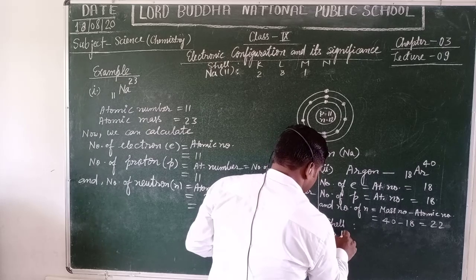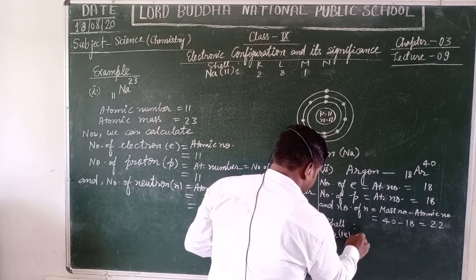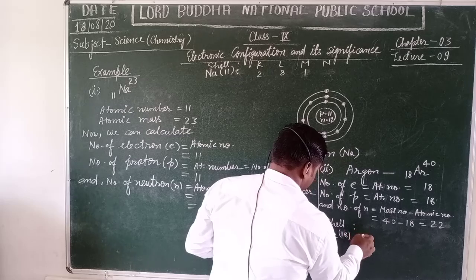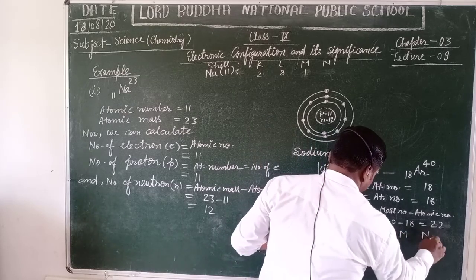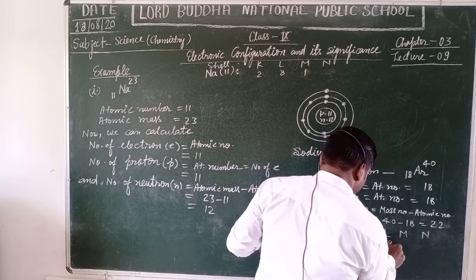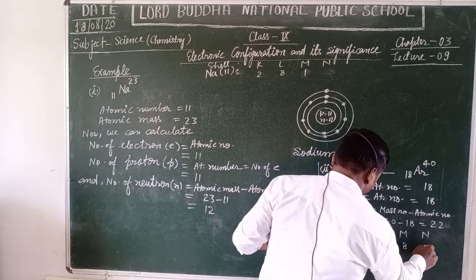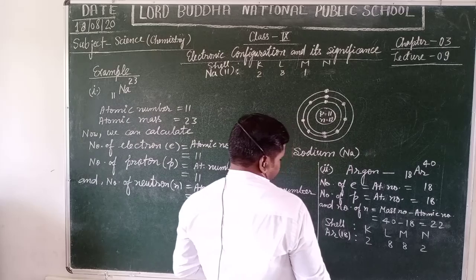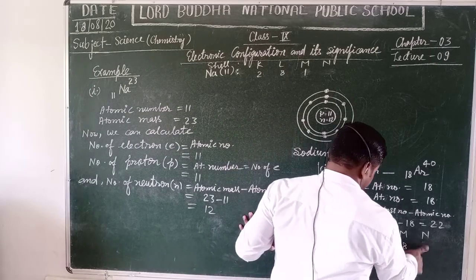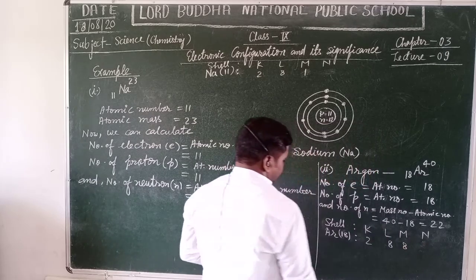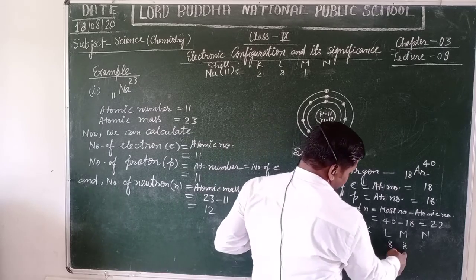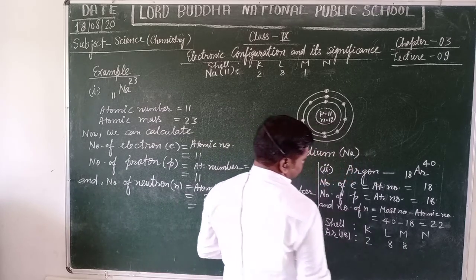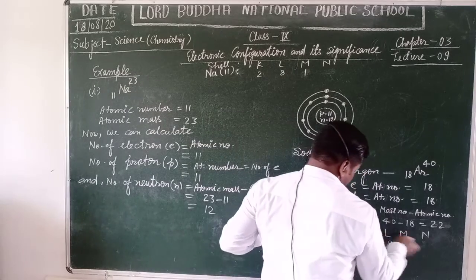Argon 18: K shell, L shell, M shell. The distribution is 2, 8, 8. It has 18 electrons and the electrons are distributed as shown in the distribution orbitals.